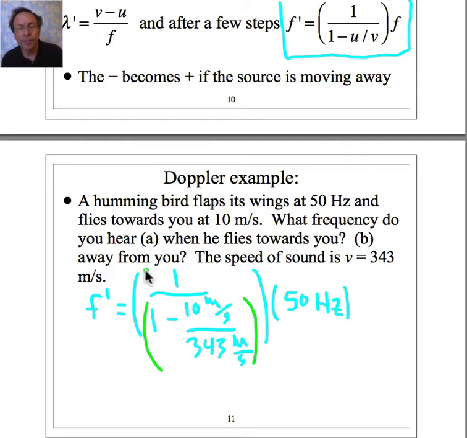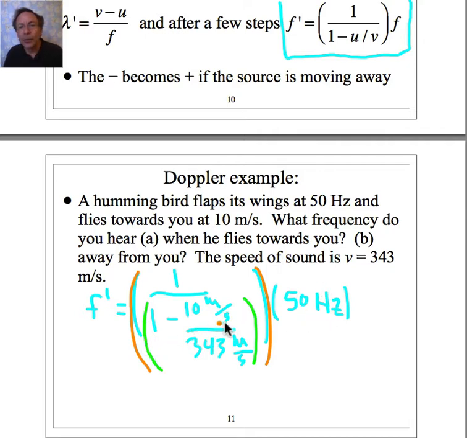And then once you've done this, you could press the reciprocal key, press equal and then reciprocal and then multiply by 50. Or you could do it all in one shot by adding parentheses around all of this and then multiplying by 50. Okay, different ways to do it.